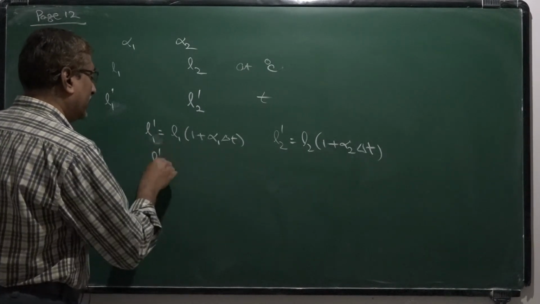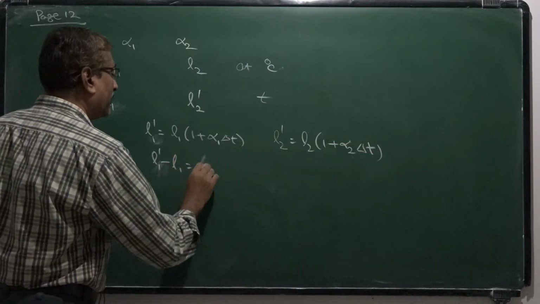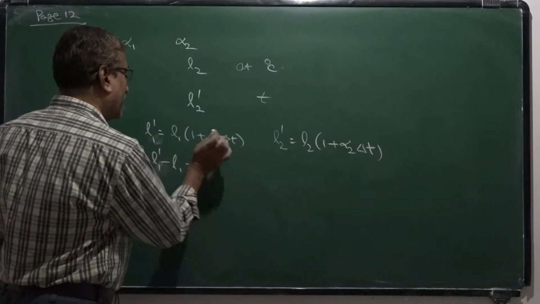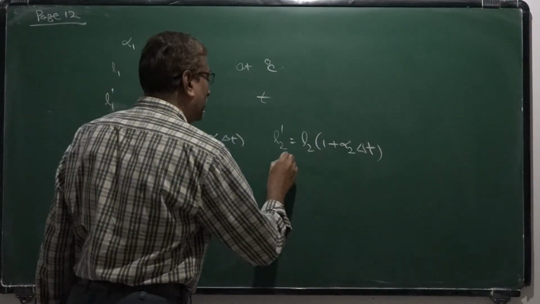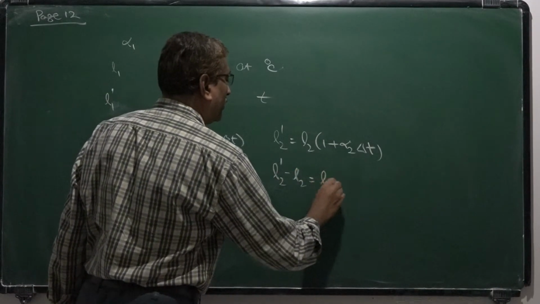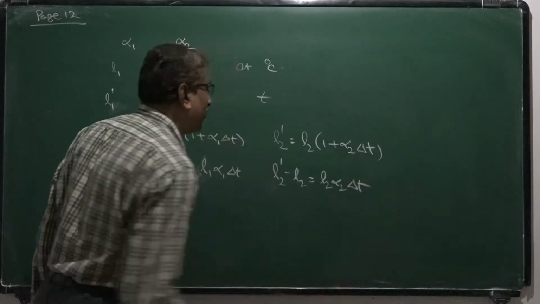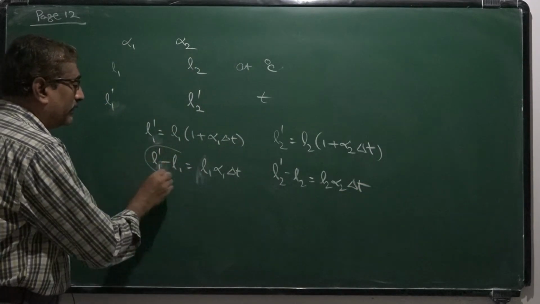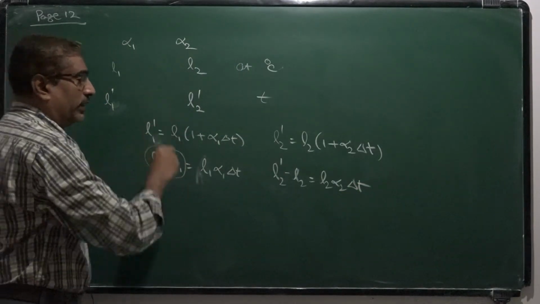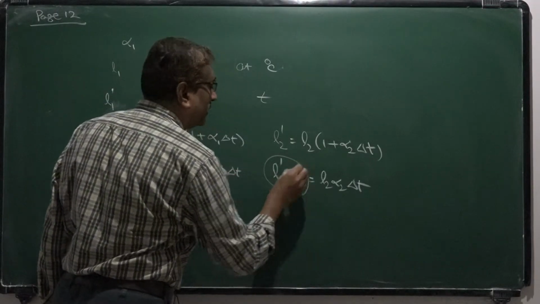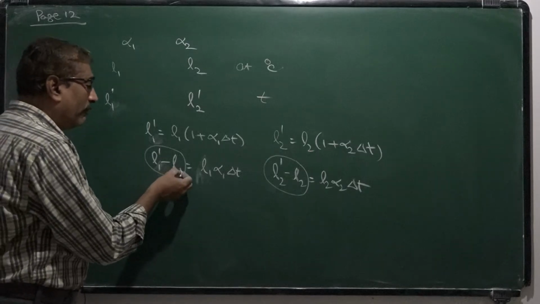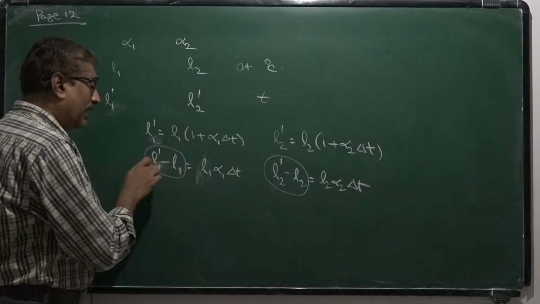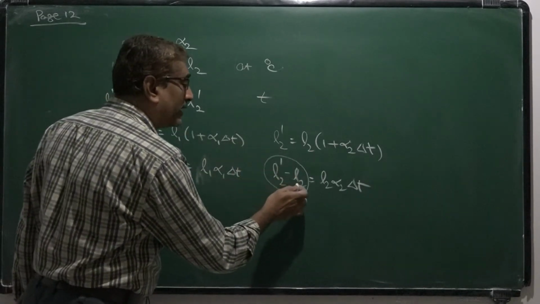L1 dash minus L1 equal to L1 alpha 1 delta t. Here L2 dash minus L2 equal to L2 alpha 2 delta t. Now this is the difference of length in first wire and this is the difference in length in second wire. But that difference is same because whatever the change occurs in L1, the same amount of change occurs in L2 also.